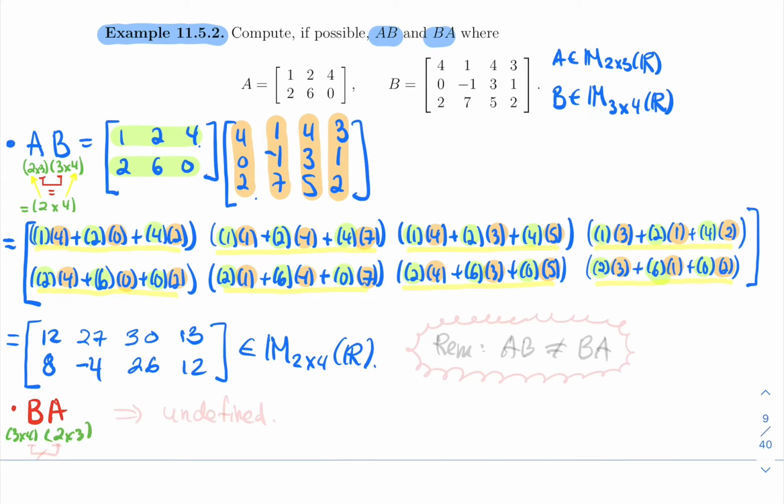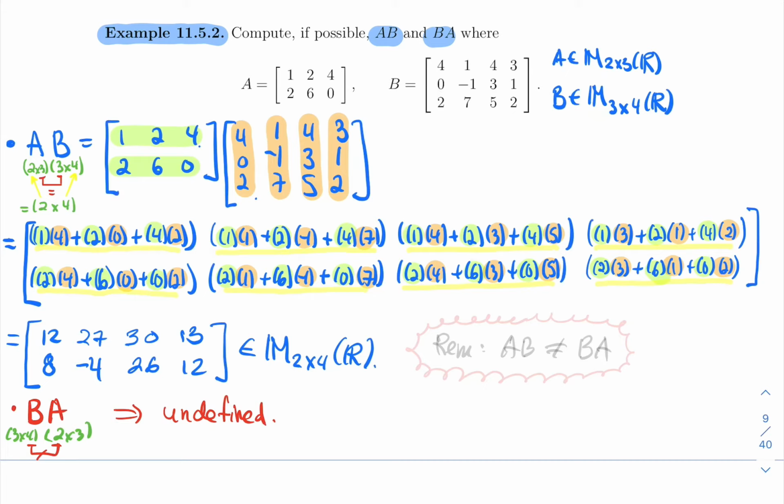But now when you're looking at the inner numbers, they are not equal, and because they're not equal, automatically this product is undefined. So here one thing to notice is that for matrix multiplication, if you multiply A times B, you get this 2 by 4 matrix, but when you try to multiply B times A, you're getting nothing.